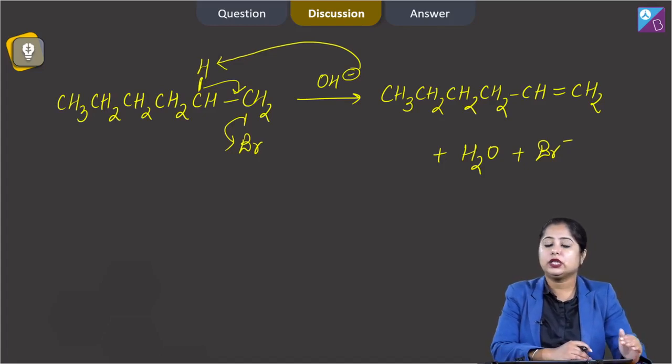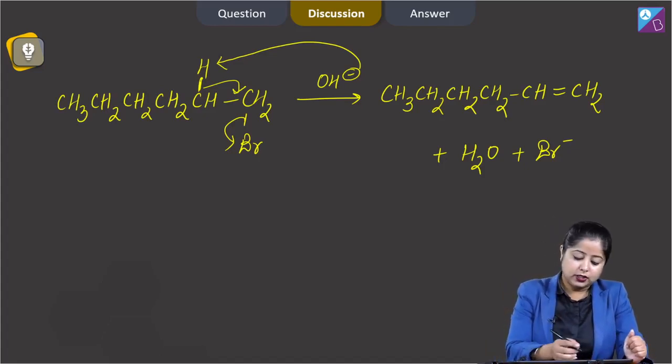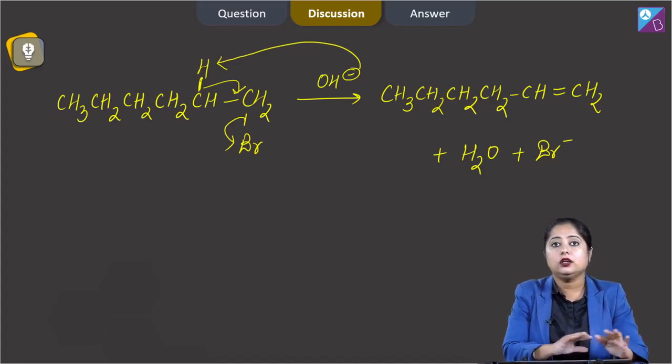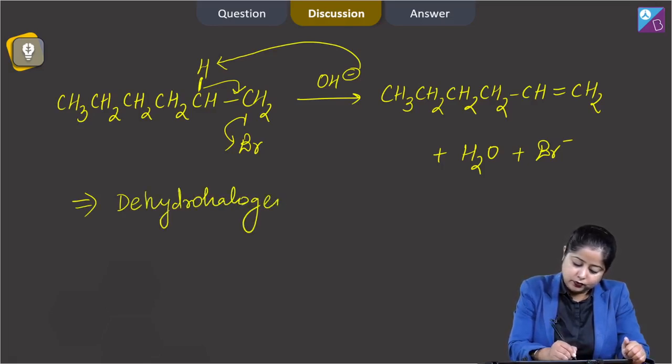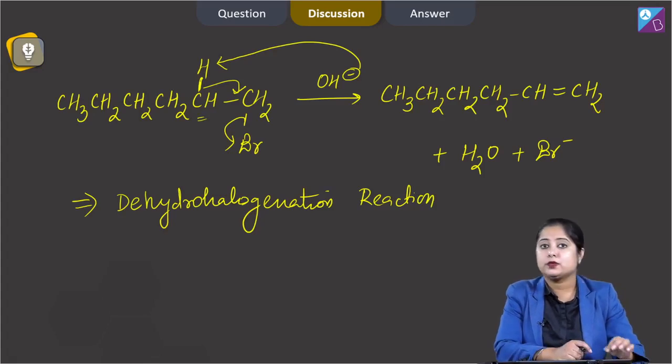Now student, we can clearly see that from the molecule hydrogen and halogen are removed. That means this particular reaction is dehydrohalogenation reaction. Also, the hydrogen removed was placed adjacent to the carbon to which bromine was attached.